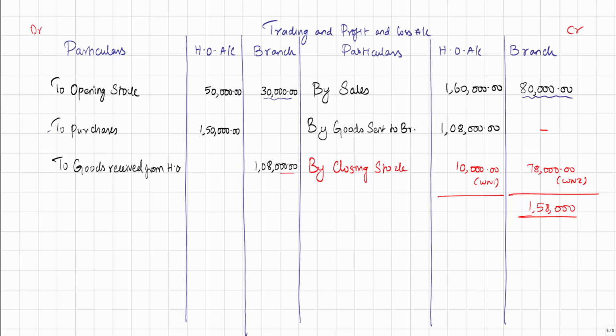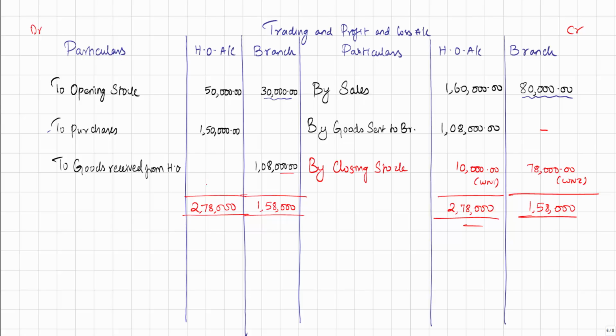And for HO, 1,08,000 plus 10,000, it works out to 2,78,000. Okay, so let me write that both sides. 2,78,000 for HO, 1,58,000 for branch.